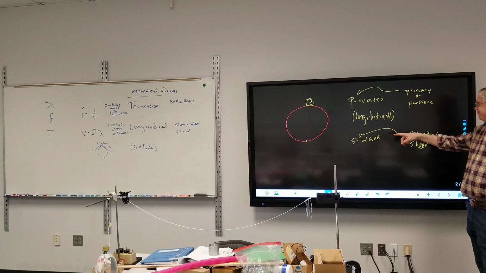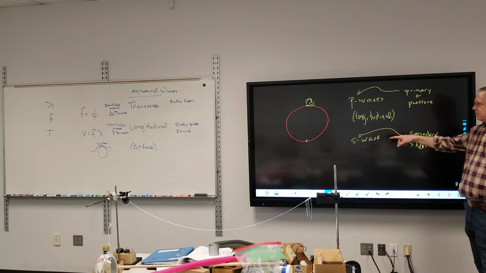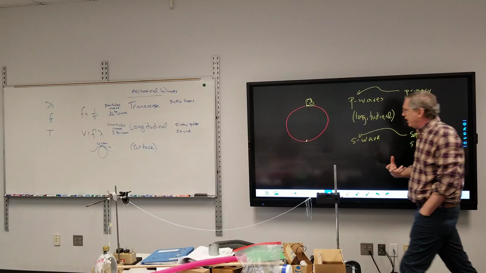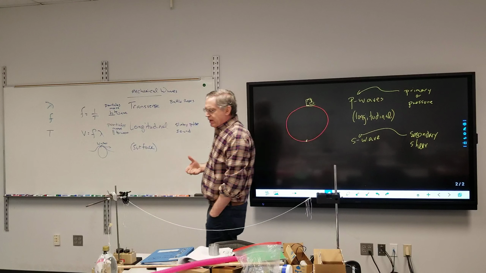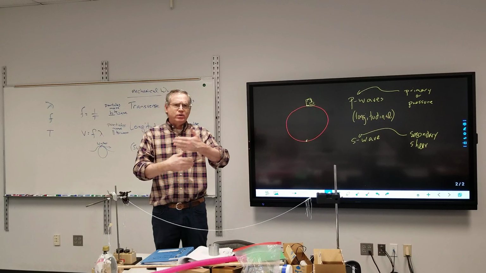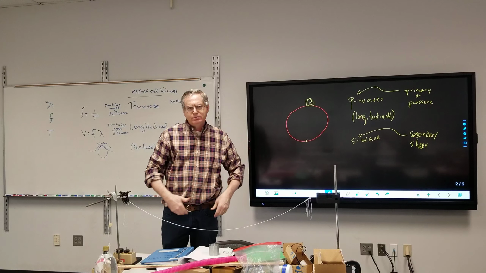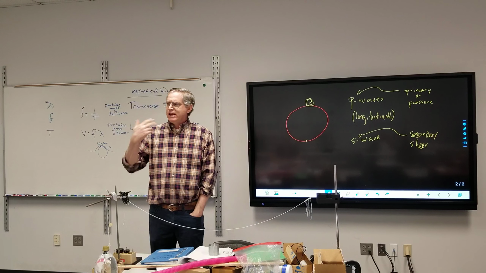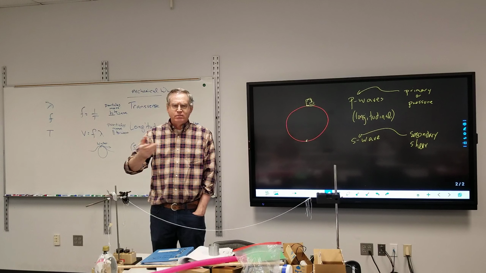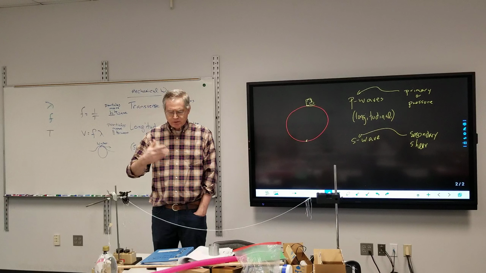So the shear waves get there second. Now, if we think about what would cause that, for primary waves, I only need one particle to smack into another, smack into another, smack into another. Sound travels easily enough through gas, it can travel through solids, et cetera.